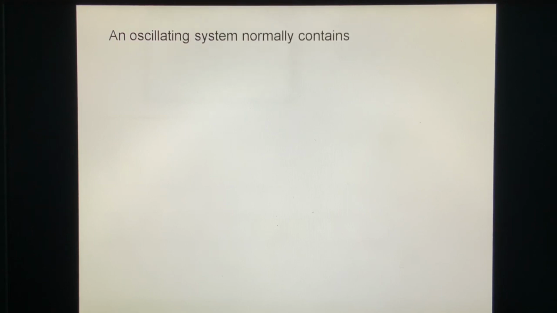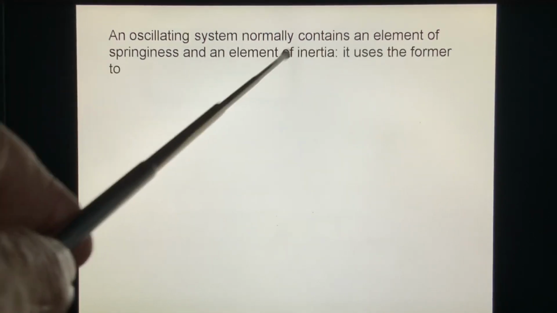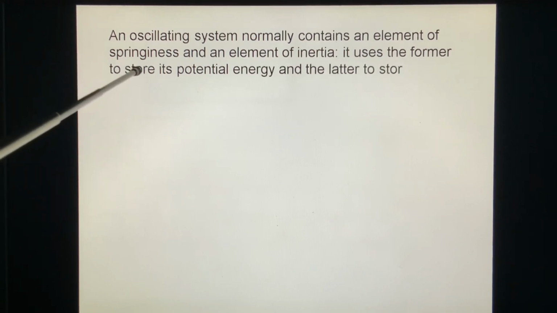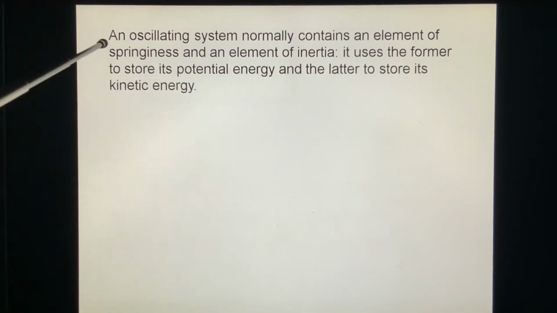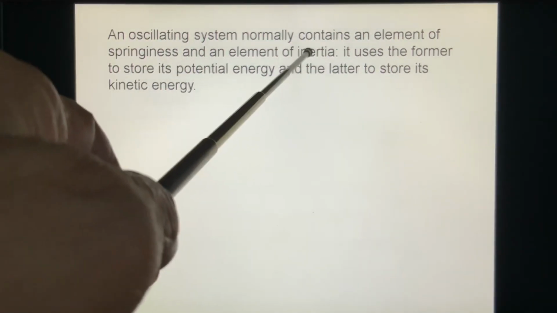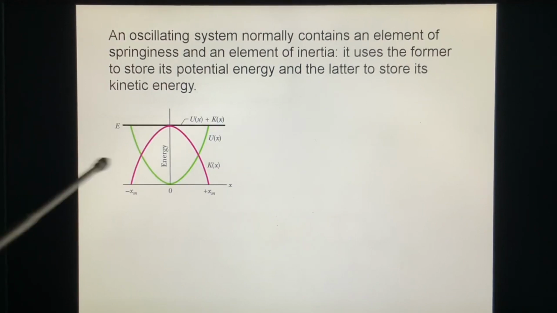An oscillating system normally contains an element of springiness and an element of inertia. It uses the former to store its potential energy. This is the springiness. And the latter, called the inertia, stores its kinetic energy. We look at this one. This is x vibrating, and this is time.